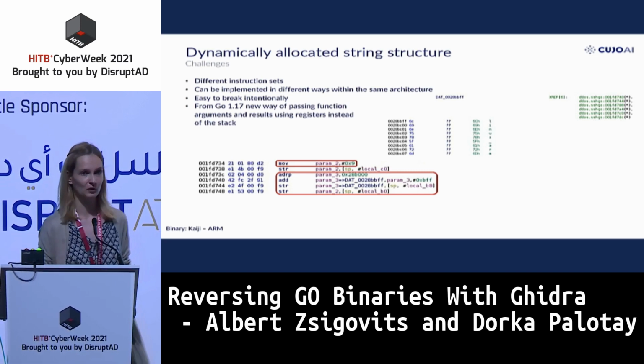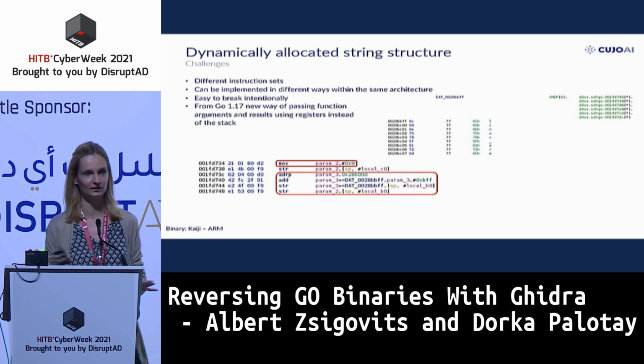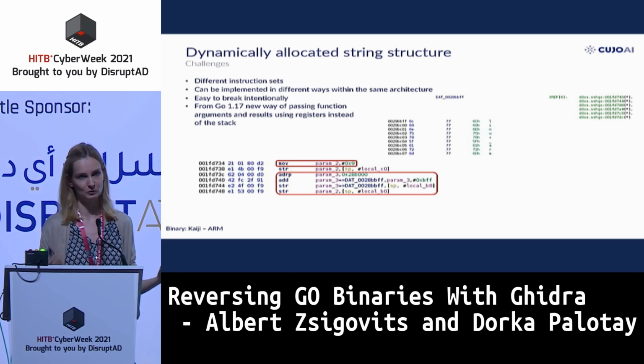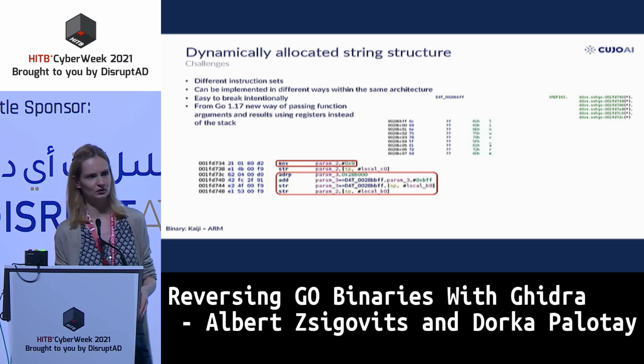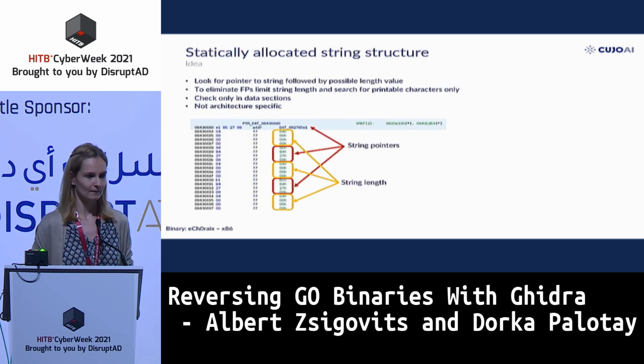But they changed it in Go 1.17, and now they also use registers instead of the stack. So we also have to consider that. Every malware family that we have seen so far obviously didn't update to Go 1.17 yet, but still we have to be able to change our script in a way that it will detect these even when we see a newer sample.